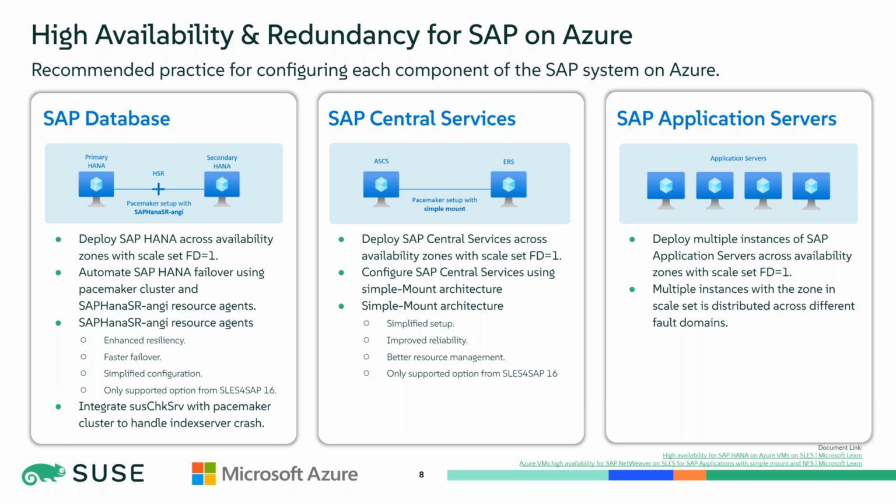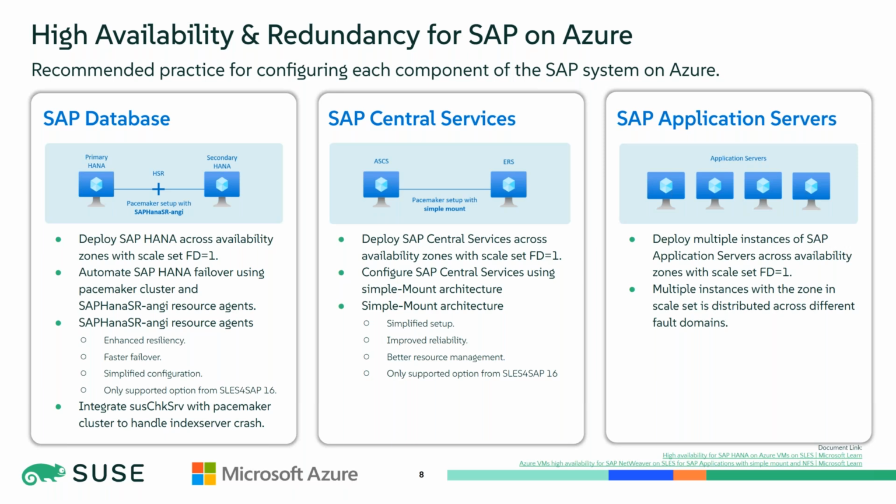So what is SAP HANA SRNG and what is the difference from the previous resource agent? With the introduction of SAP HANA SRNG, there are certain features delivered with regard to enhanced resiliency, faster failover, and simplified configuration. Enhanced resiliency means it handles short-term outages of HANA tools and communication with the pacemaker backend more effectively, reducing downtime risk.